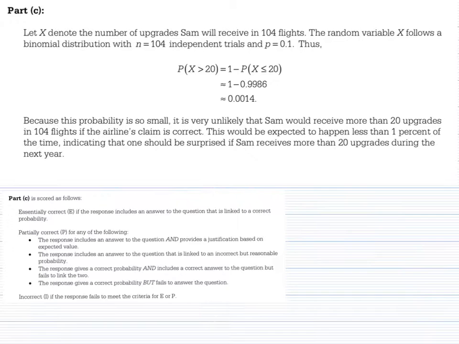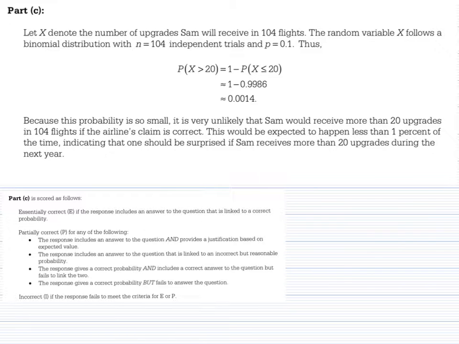Okay, let's look at the scoring one more time. A couple ways to go about this. The number of upgrades Sam will receive in 104 flights. The random variable follows the binomial distribution.